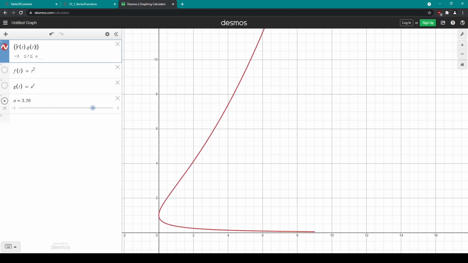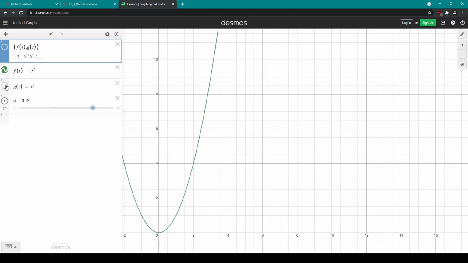So if I have complicated expressions that I want on their own lines, or if I want to look at their graphs independently, I can see all this different stuff.